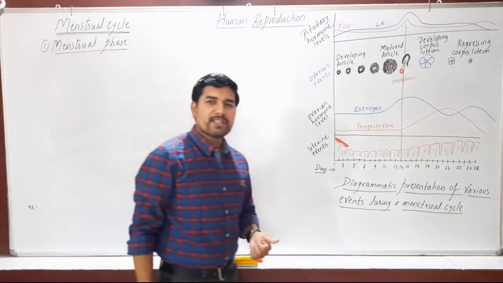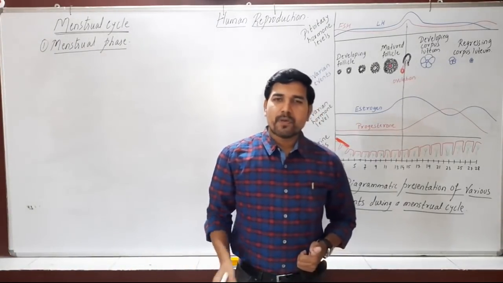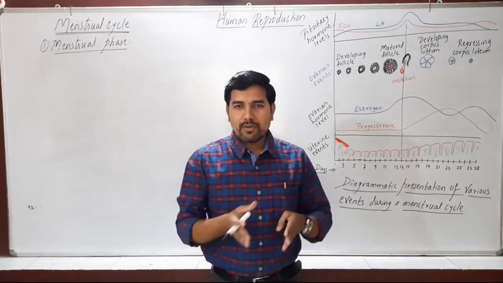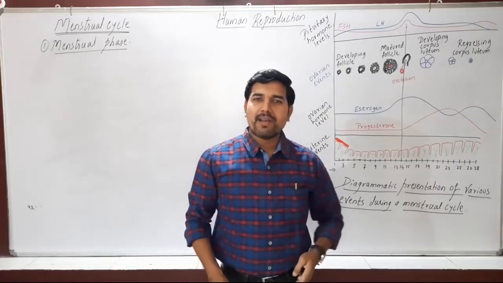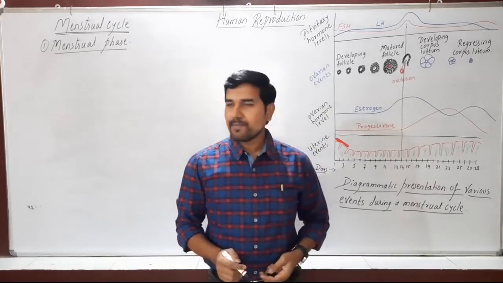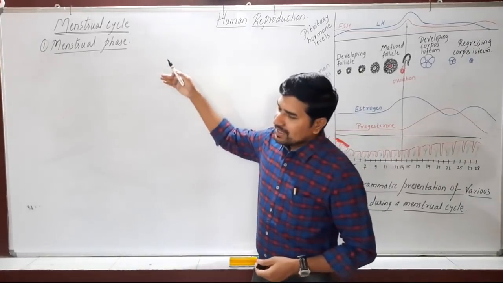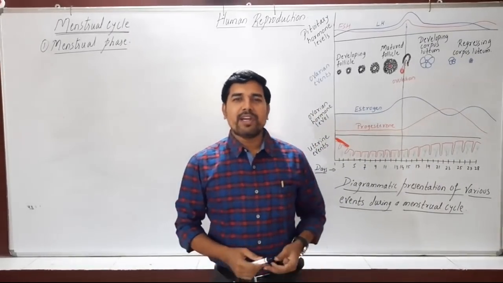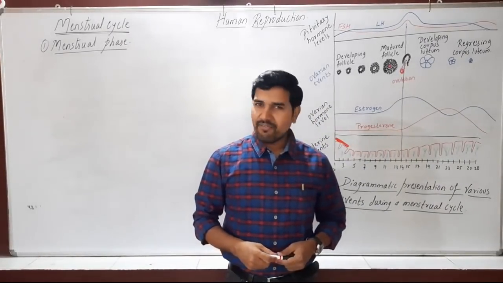The second phase is the pre-ovulatory phase, proliferative phase, also called the endometrial reformation phase, or the follicular phase. The third phase is ovulatory, and the last phase is the post-ovulatory luteal or secretory phase.